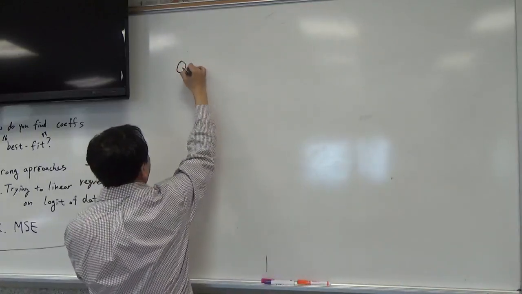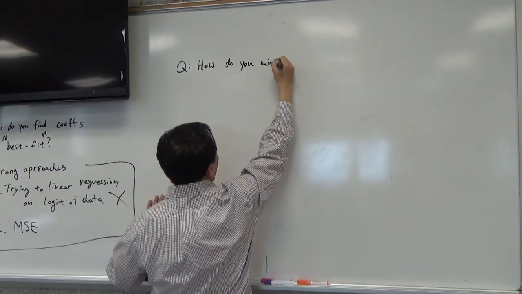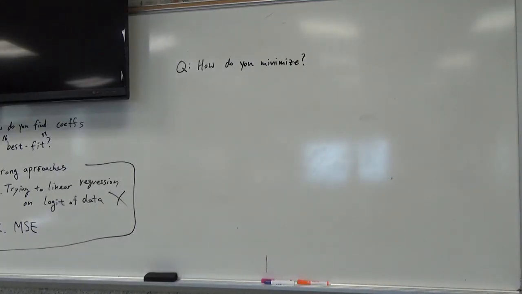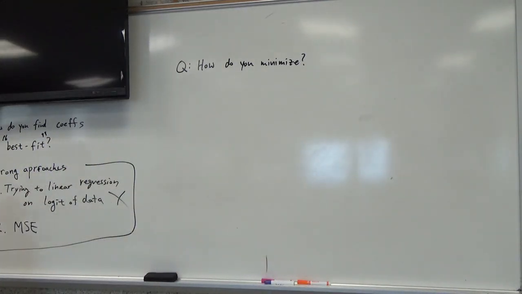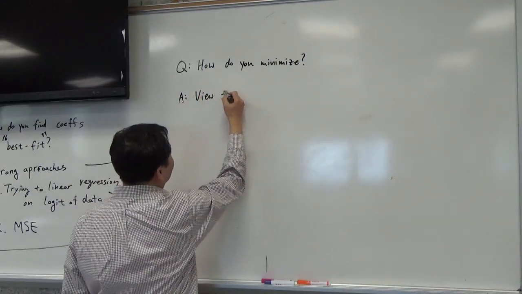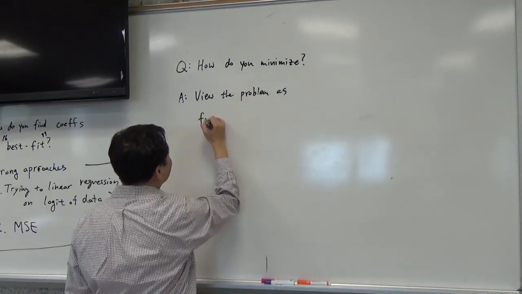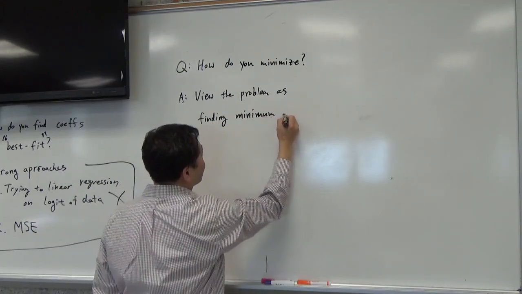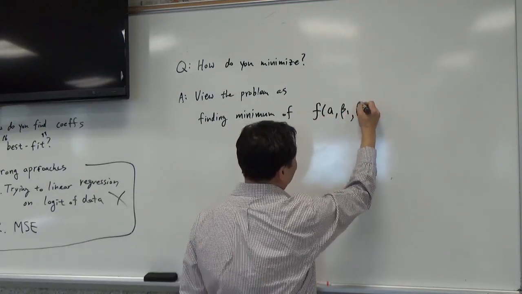Okay, last question is how do you minimize? Well, the answer is to view the problem as finding the minimum of some function of a, beta 1, beta 2.